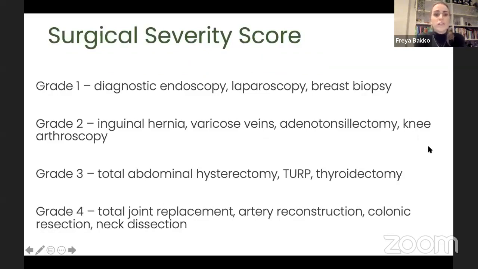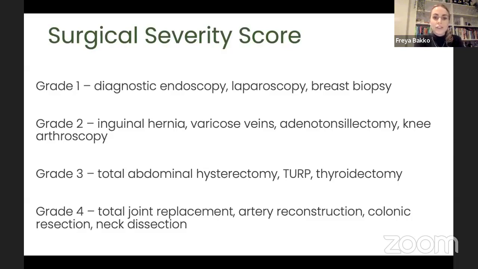You might also see from the operation notes that surgery is often classed according to its severity. So we have 4 different categories here. Grade 1 is classically operations or procedures such as endoscopy, breast biopsies, or laparoscopic surgeries. Grade 2 includes quite common procedures, elective operations such as hernias, varicose veins, adenotonsillectomies, knee arthroscopies.